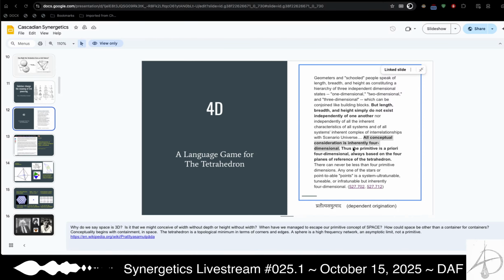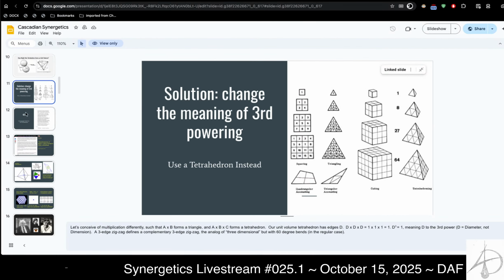And that means they need to have this space-filling instantiation. And so it makes sense to have the primitive be a priori 4-dimensional, as opposed to, say, cubic.